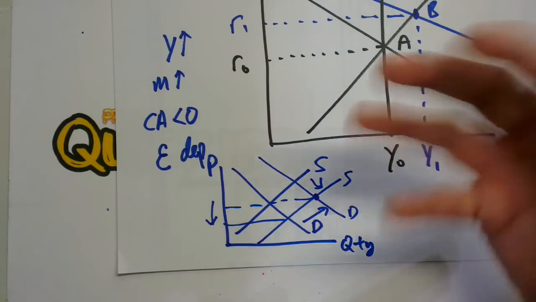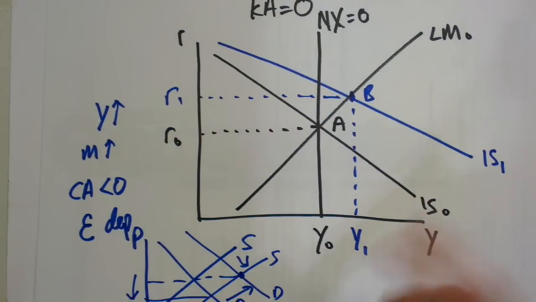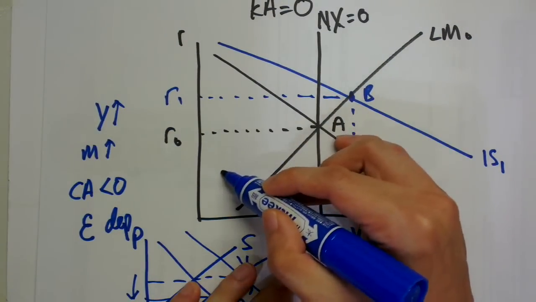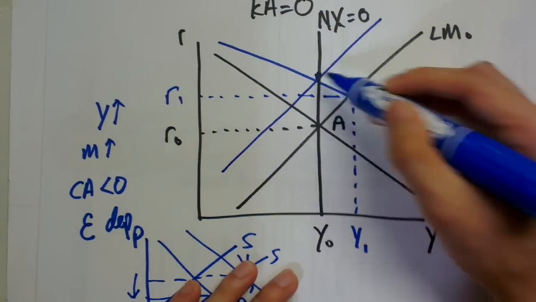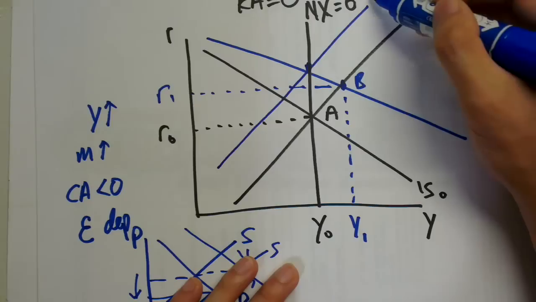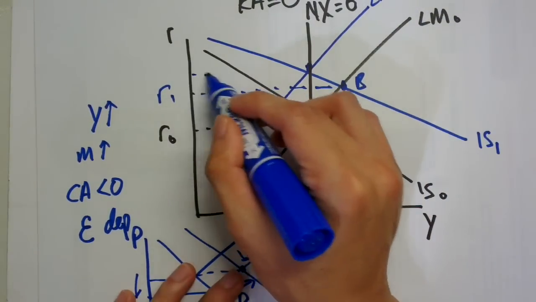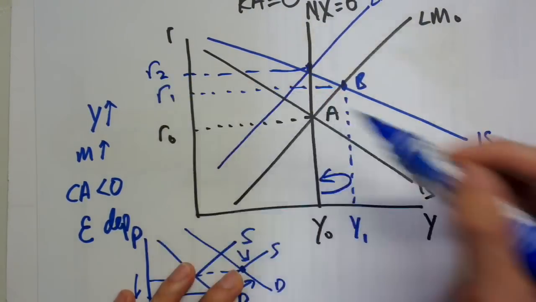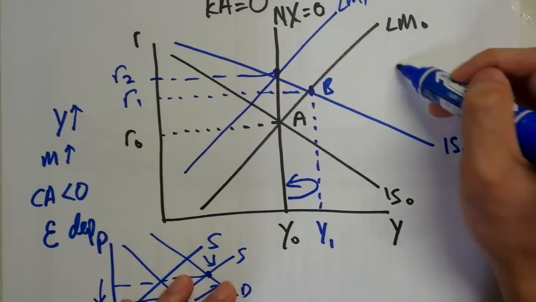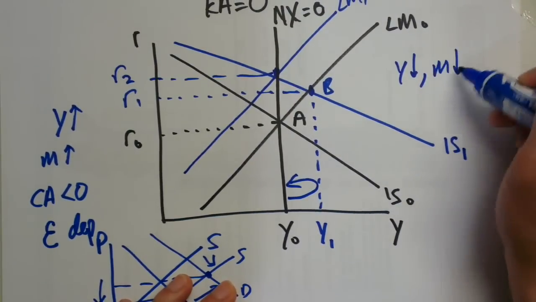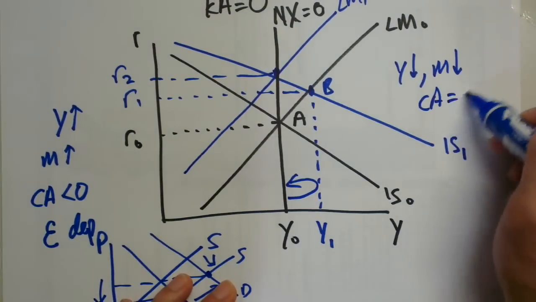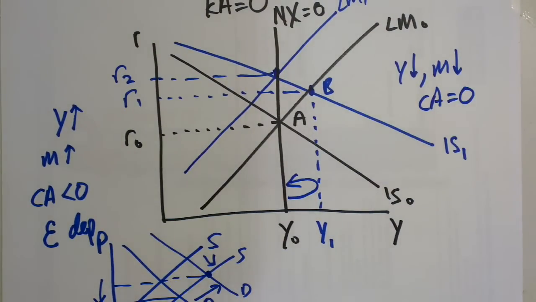By buying back all its currency, the money supply circulating actually falls. That's why your LM curve shifts up until you have NX equals 0. So this is LM1. Output is going to reverse this way. Your new rate of interest is going to be R2. When your income falls, your imports are going to fall again. So therefore you have CA equals 0. So this is part A. This is part B. Simple, right?